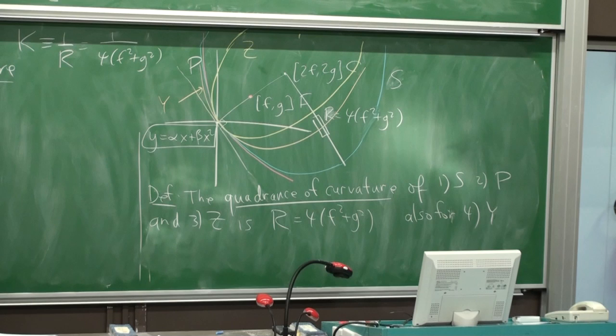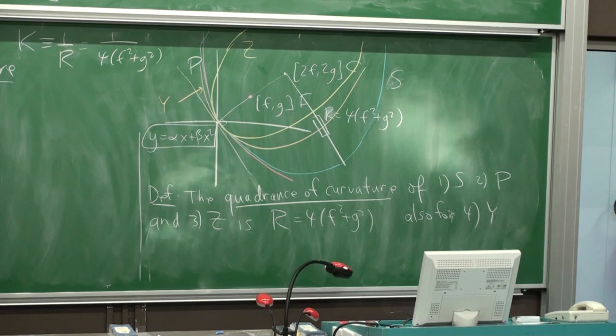So we'll refer to the quadrance of curvature of that function at the origin, and also its quadratic curvature, radius of curvature, and so on. So all 4 objects get the same quantities, but since they're defined in terms of different kinds of objects, we should sort of connect these things.